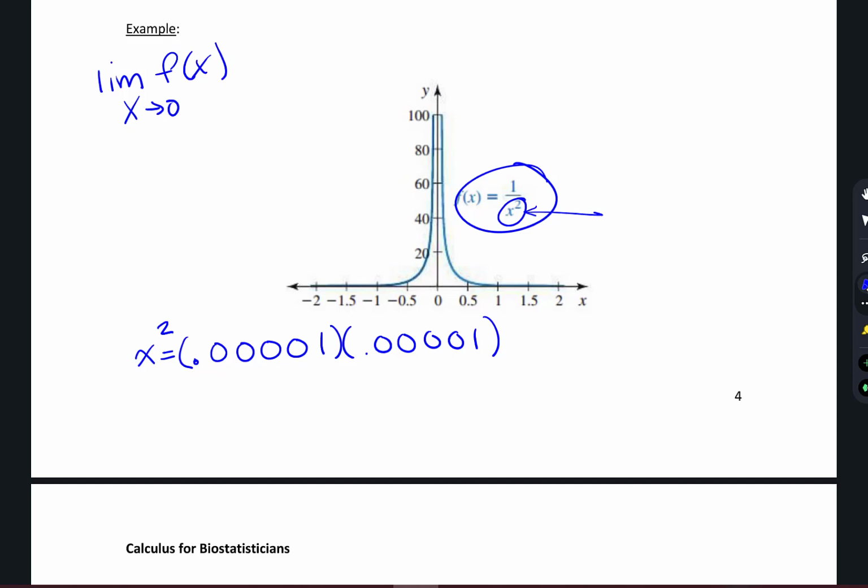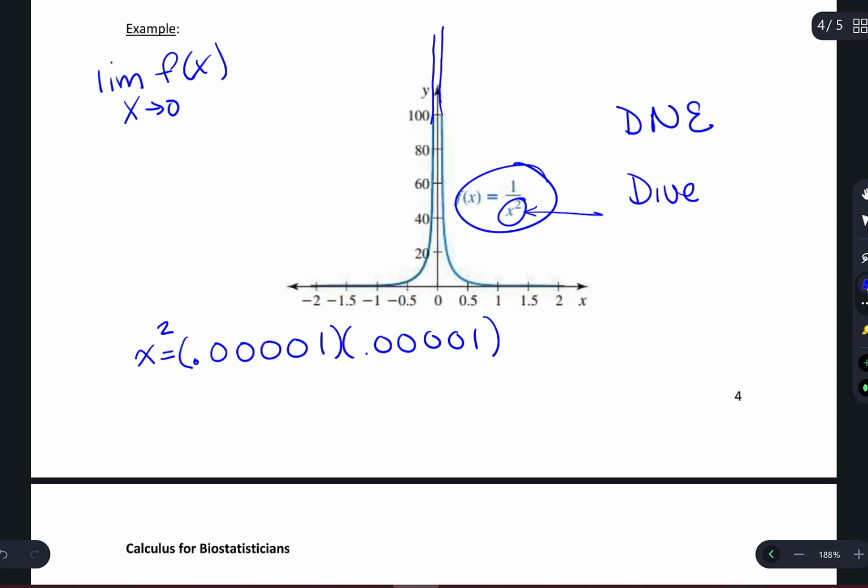In either case, we are just going to get closer and closer to 0 on the x-axis, but on the y-axis, we're going to go up to infinity. F of x is going to have no bound. So again, in this case, the limit does not exist. And we're actually going to look in section 3.3 specifically at limits that are equal to infinity. And so in this case, the limit does not exist and it diverges.